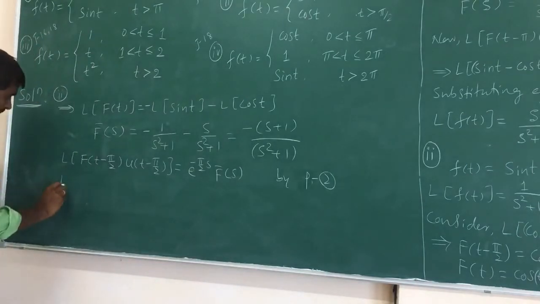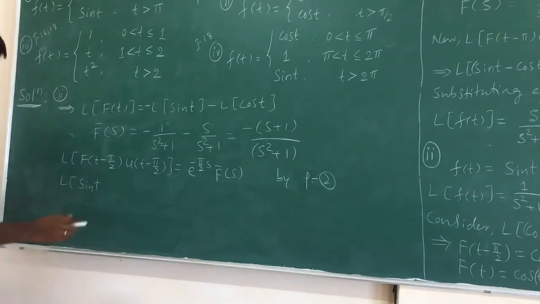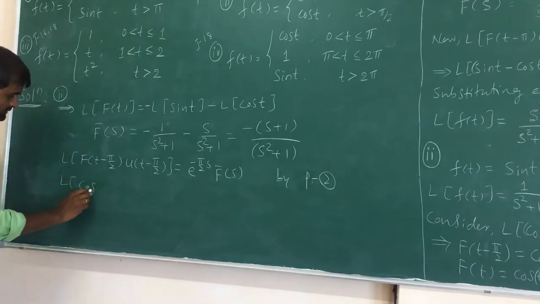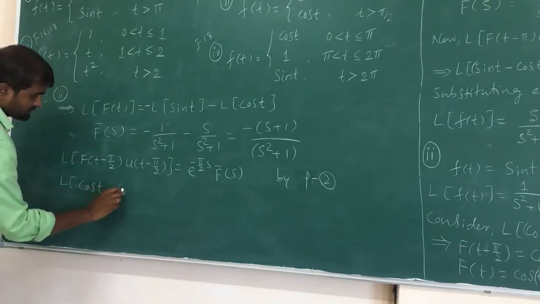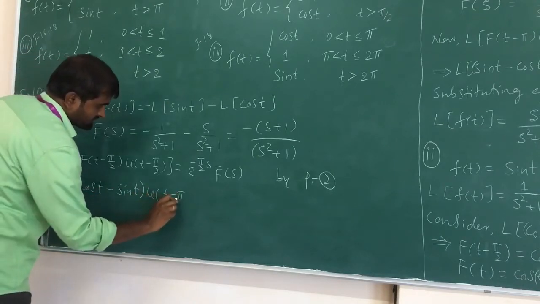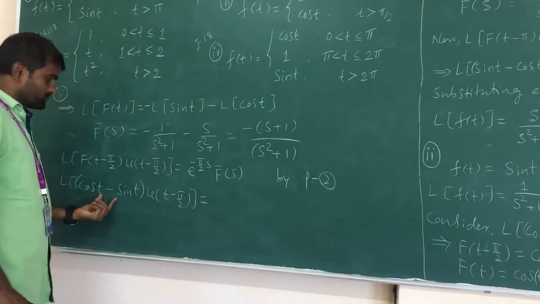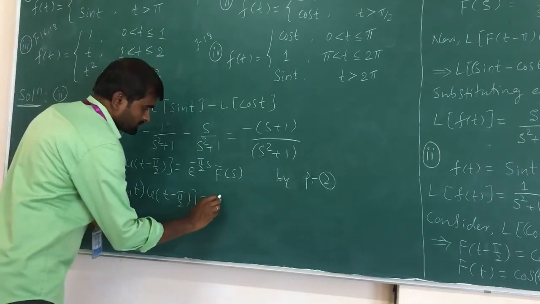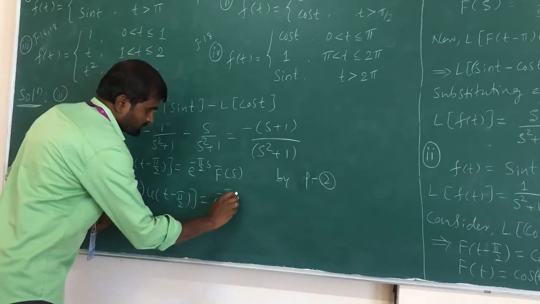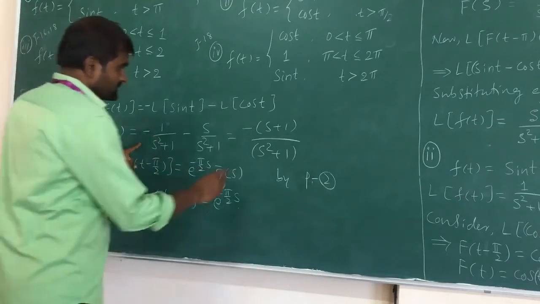Then similarly, what is this capital F of (t minus pi by 2)? We have cos t minus sin t into u of (t minus pi by 2), which is equal to e raised to minus pi by 2 into s times F bar of s, which is this here.